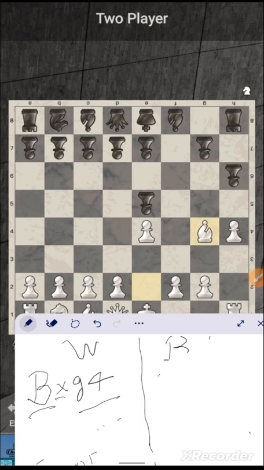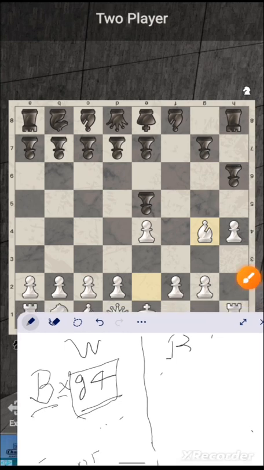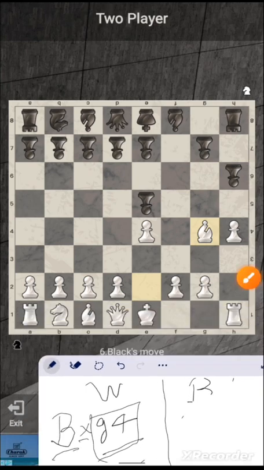And this x will not always be in capital; for convenience I am writing it so that it is visible, but it will always be in small letter. So that's how you represent a capturing in chess.